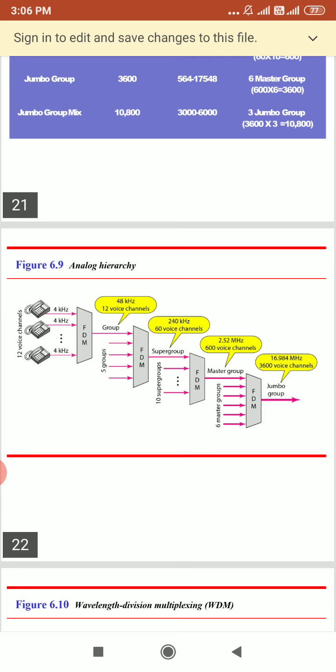Now we are talking about FDM, because here it is analog, but when you see the TDM, which will be digital, you can write TDM instead of FDM. TDM PCM you can write here. It is nothing but time division multiplexing pulse code modulation.